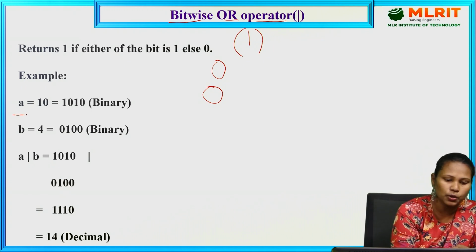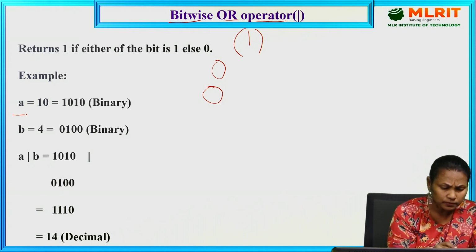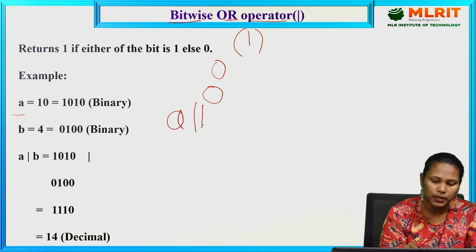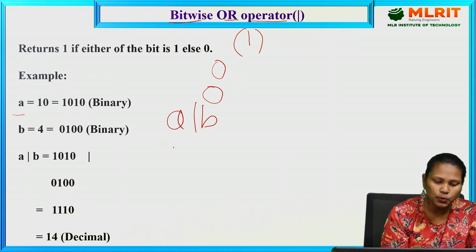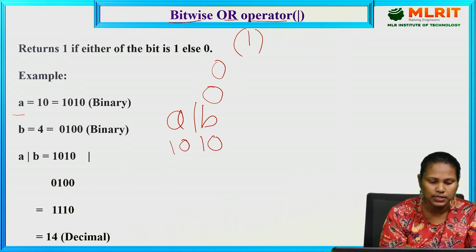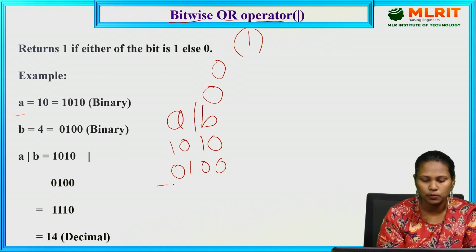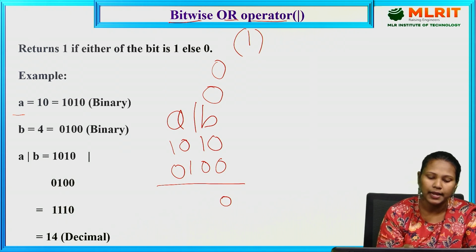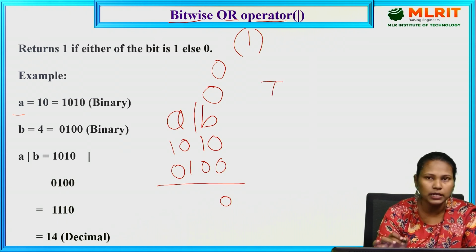Here also we need to perform A OR B. The A value is 1010 and the B value is 0100. In the bitwise OR, false and false means false only. 1 and 0, one bit is true and another bit is false, means true.